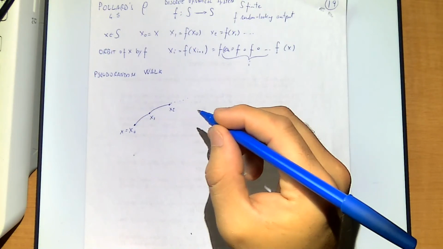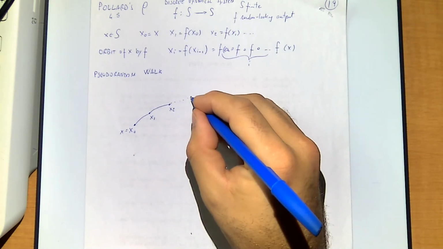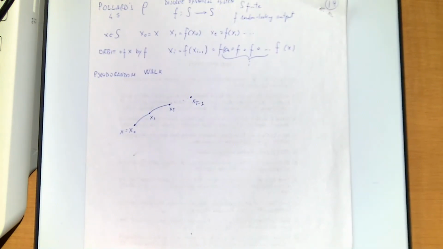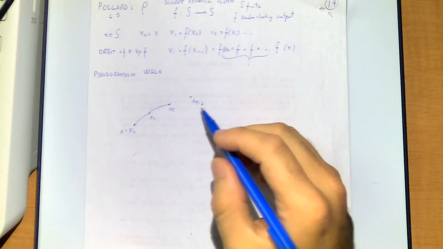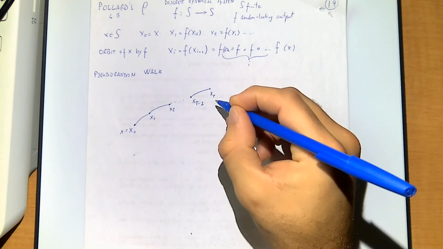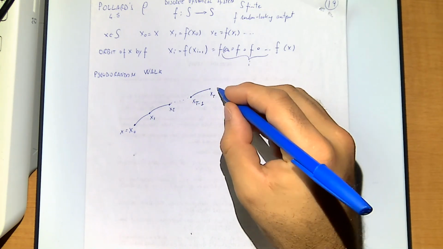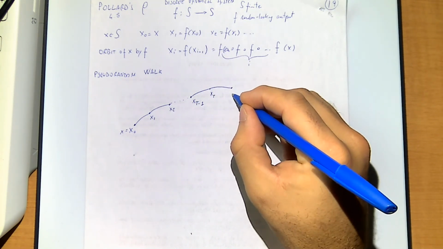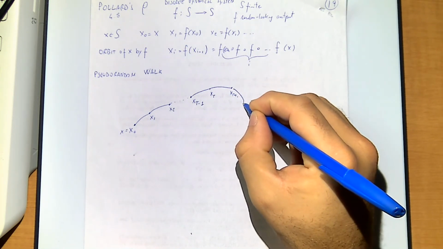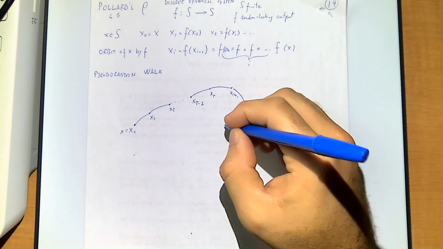Suppose that at a certain point I arrive at a step x t minus 1, okay? And I keep walking across the set. So we'll see why this is called t. Then the next step is going to be xt. And I keep going, xt plus 1, t plus 2, etc.